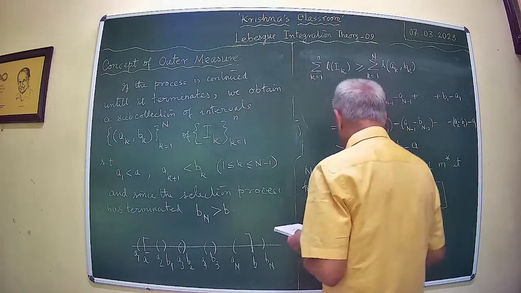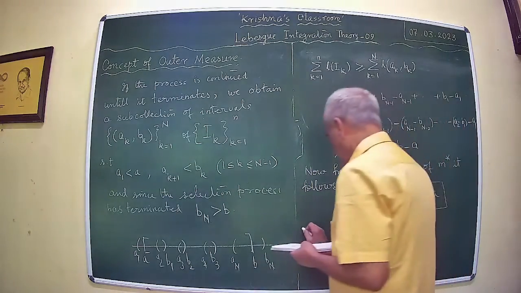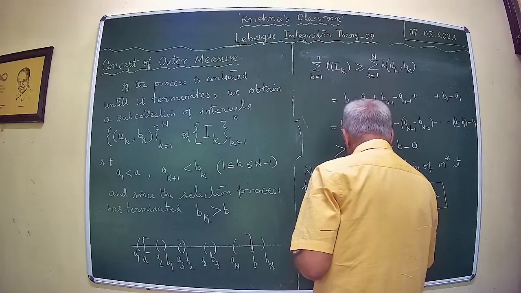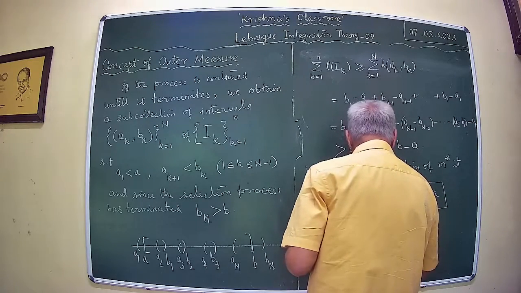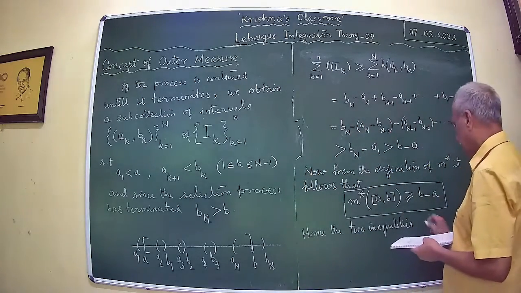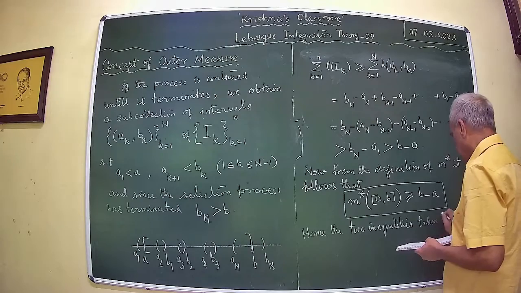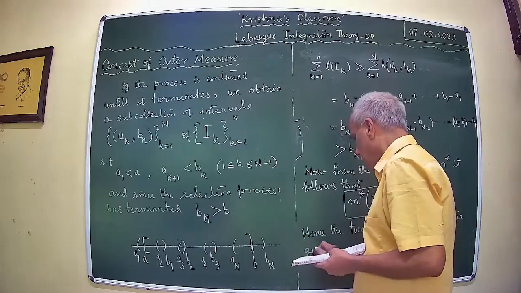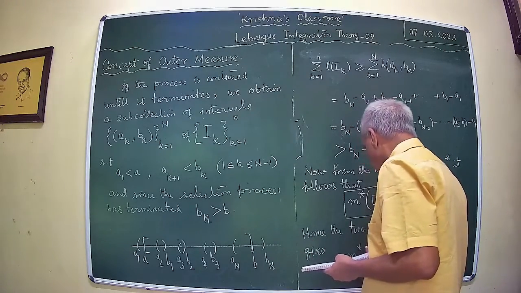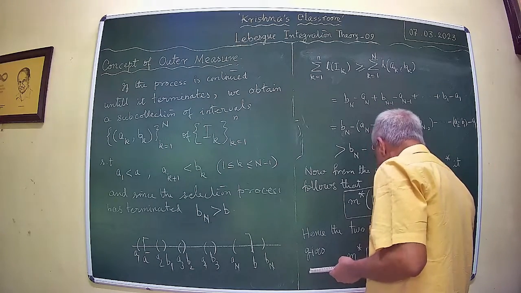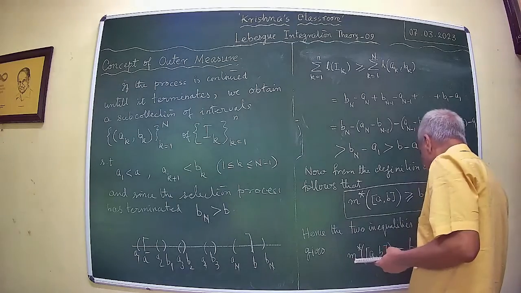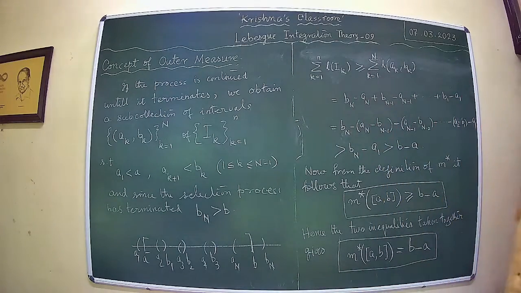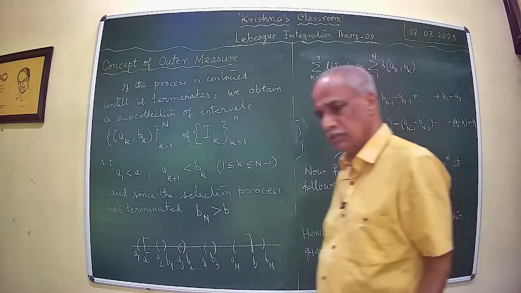Hence, the two inequalities taken together give the result, so that completes the proof when the interval is a bounded closed interval.